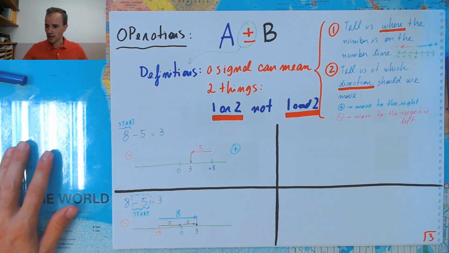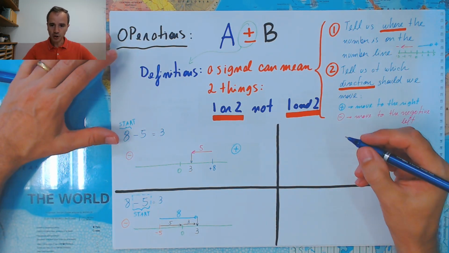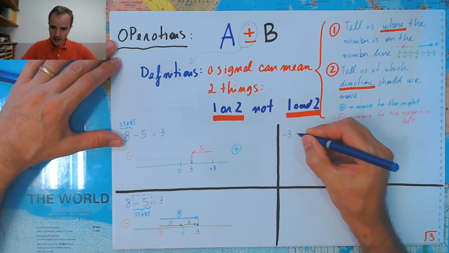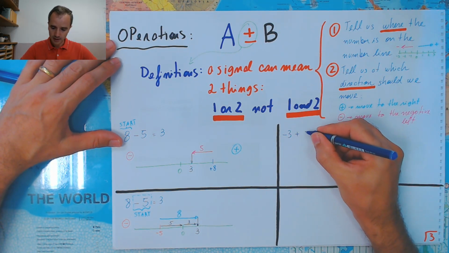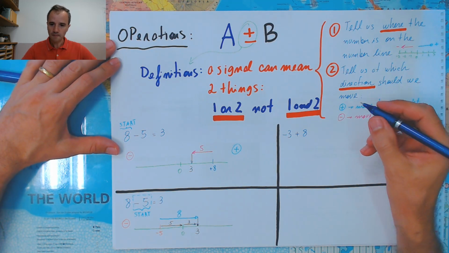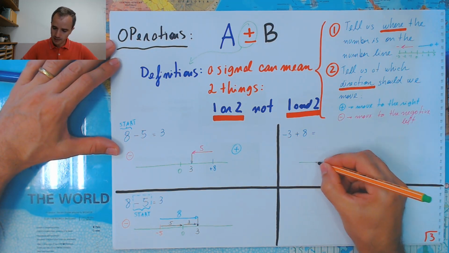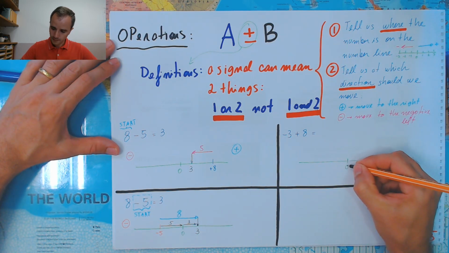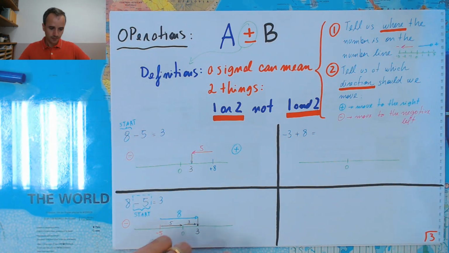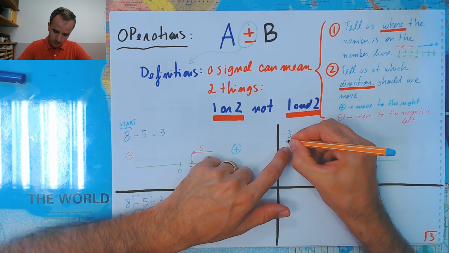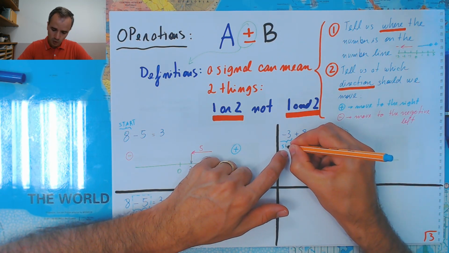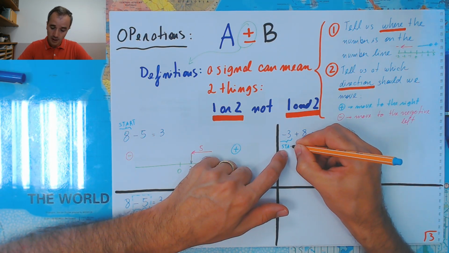Now, another example. Now this is going to be faster. We have negative 3 plus 8. Let's see this one. Okay, let's take our number line. We are going to start again with the negative 3. Always start with the first. No problems, but let's just start.